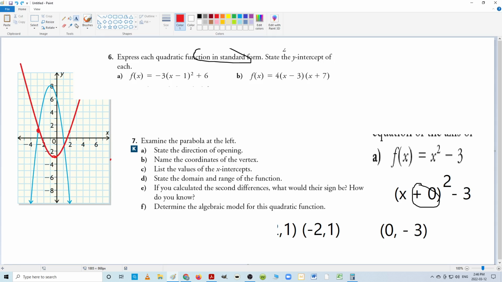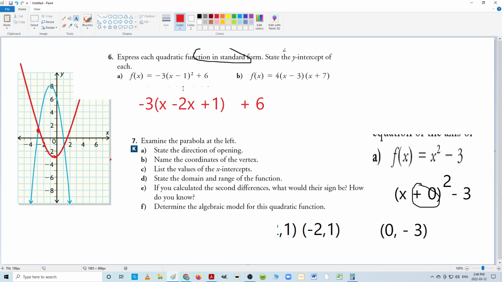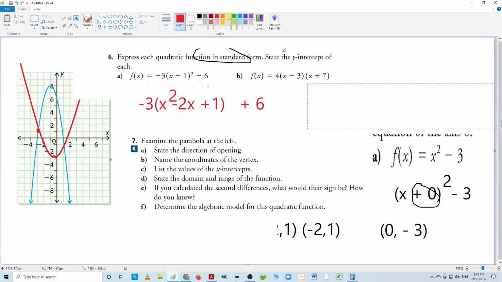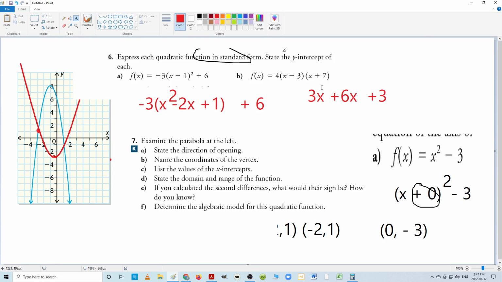So now we've got this for the first one. I've expanded the binomial, and it became this. When I multiply the minus 3 to it, I get this. When I add the numbers together, I get this. And don't forget, we've got a minus in front here.